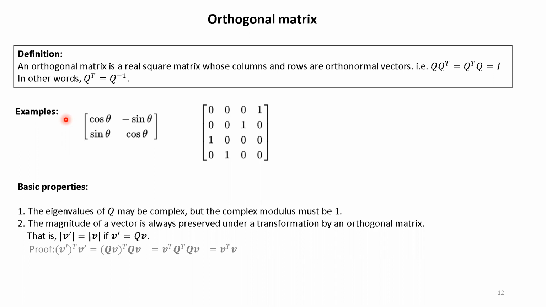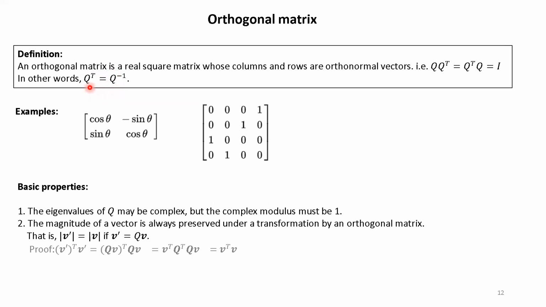So this is called an orthogonal matrix. The definition is not difficult: the transpose of this matrix Q will be equal to the inverse of itself.